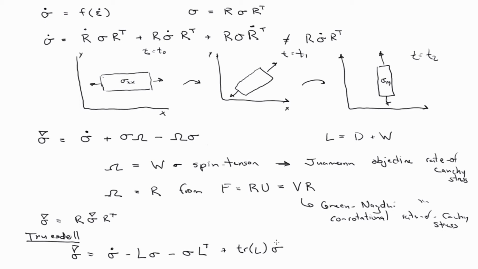So the same equation would be true for strain, right? So E would be R E R transpose. If you're saying the stress would be constant for rigid deformation, we can do the same thing for epsilon, for a strain.